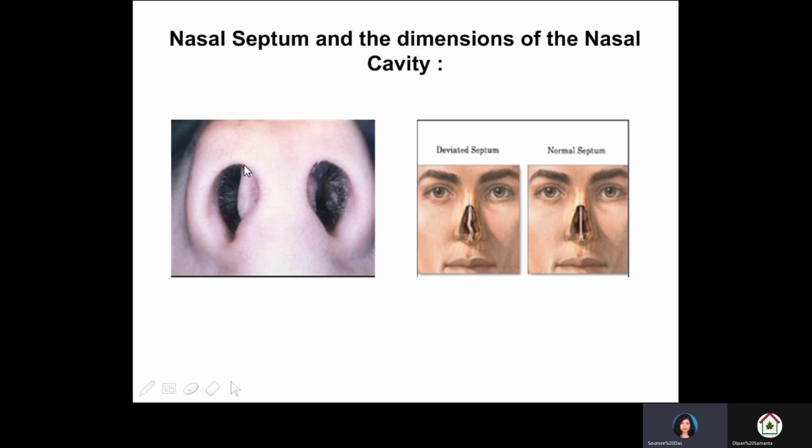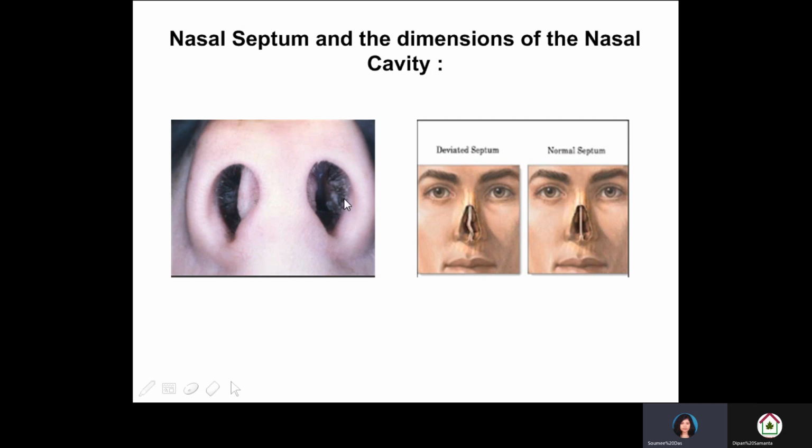This is the floor, this is the roof, this is the medial wall, and this is the lateral wall. So we will see their functions and their composition, how they are formed, the formation of each of these components like roof, floor, etc. We will see them one by one.